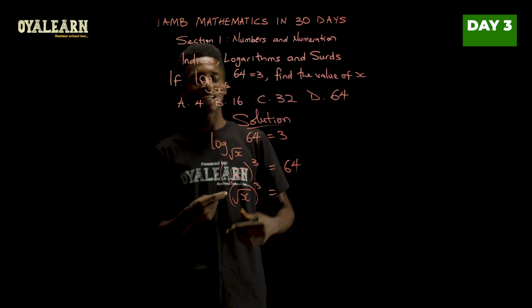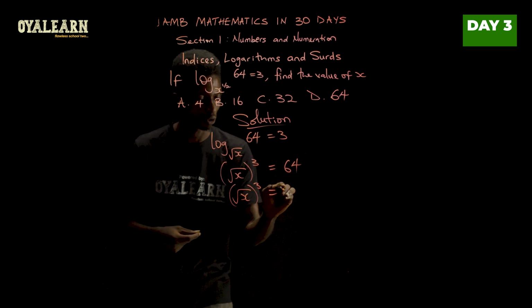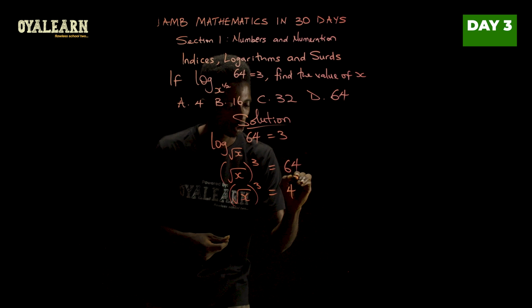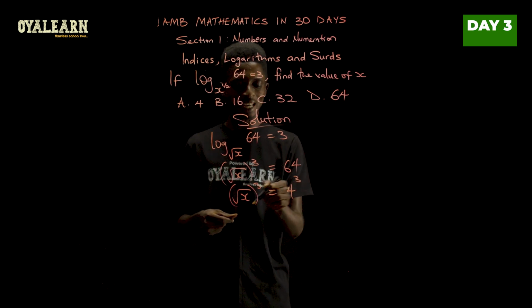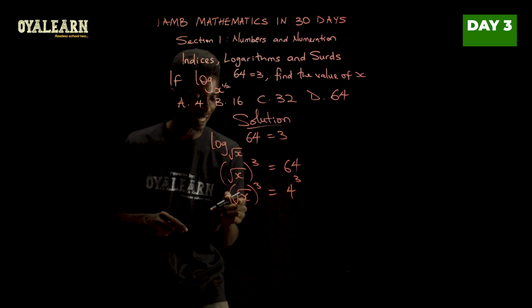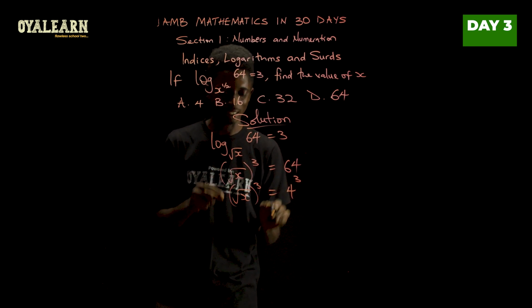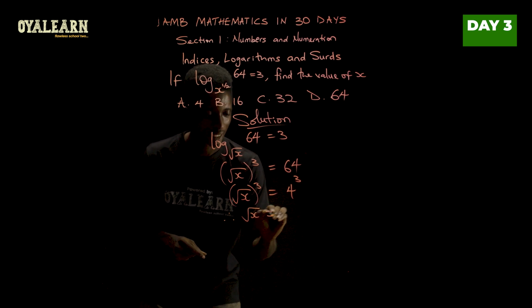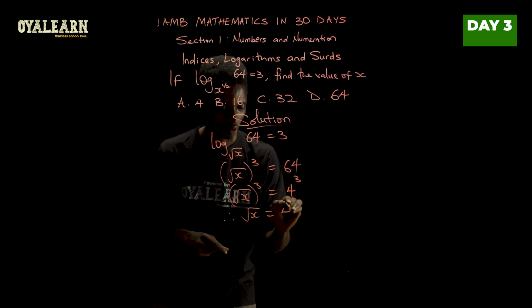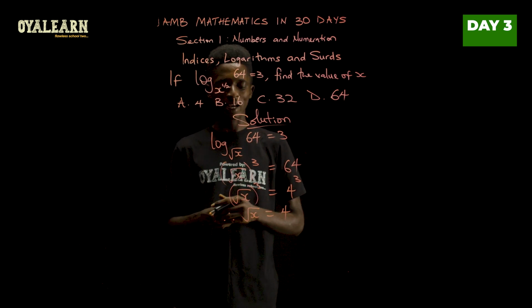And then 16 times 4 would give us 64. So that means we would have 4 cubed. So now that we've achieved them having the same power, it implies that the bases are also going to be equal. So therefore, you can then say square root of x equals 4, since the powers are equal.